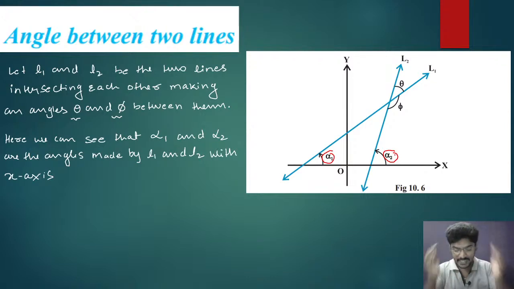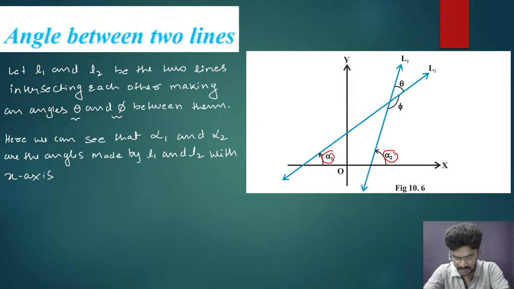Because to find the angle between two lines, finding the slope of L1 and the slope of L2 is very important. So that's why I am asking, what is the slope of line 1 and what is the slope of line 2? Quickly tell me. Using alpha 1 and alpha 2, you should tell me the slope of L1 and L2.